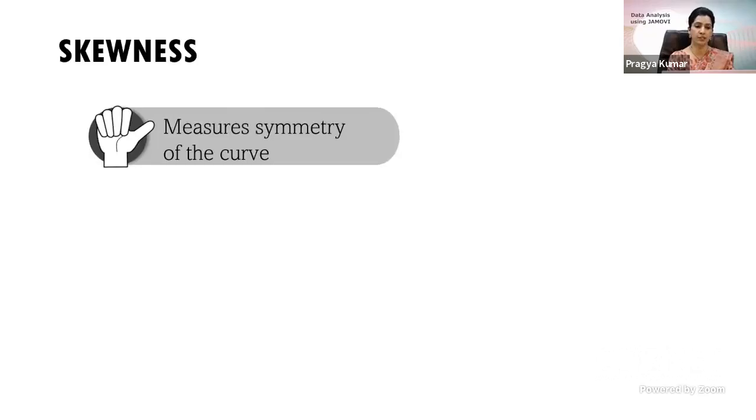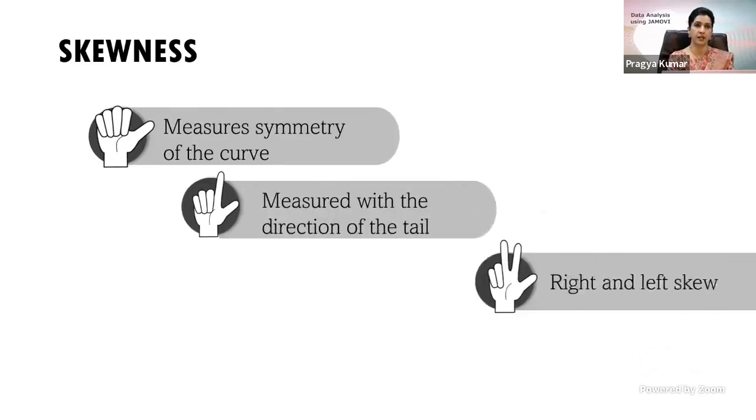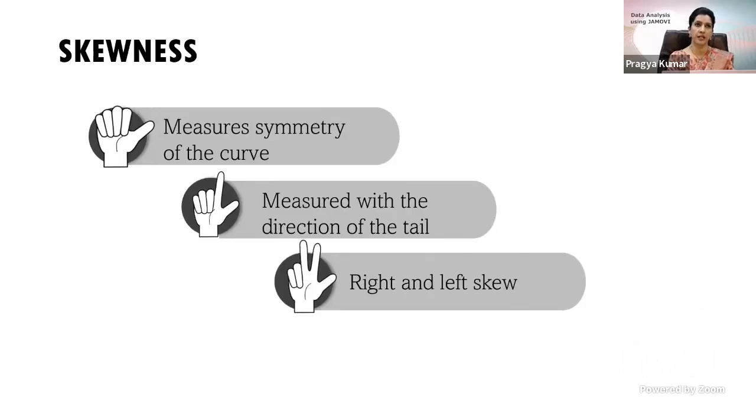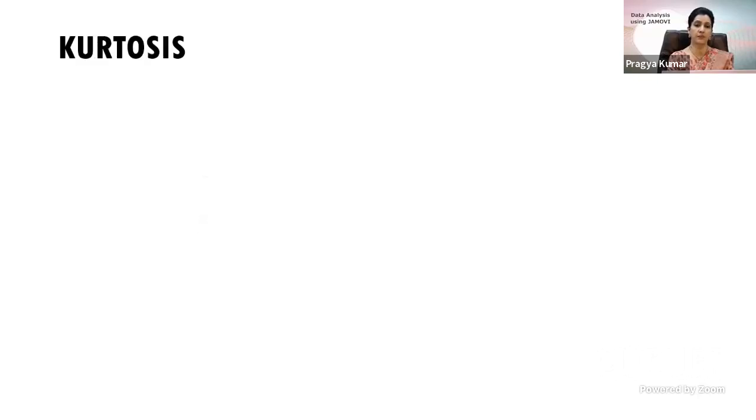Coming to skewness, it measures the symmetry of the curve and the direction of the tail. There are right and left skew. For a normal distribution, it should be within plus or minus 2. Plus means it is a right skew and minus means it is a left skew. Kurtosis means the peakedness, the height of the graph.